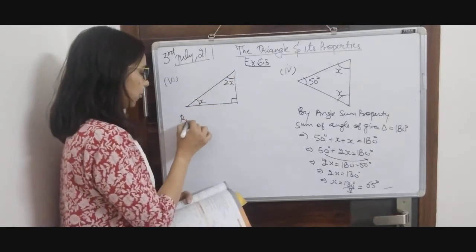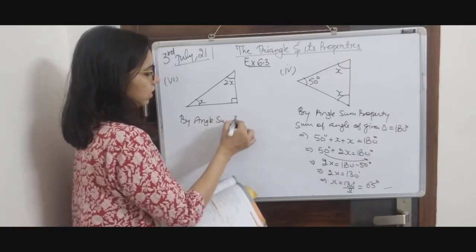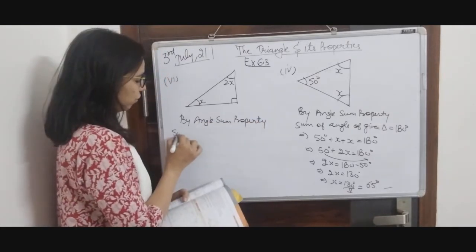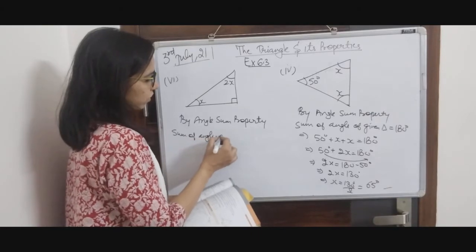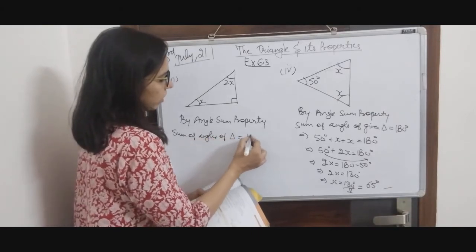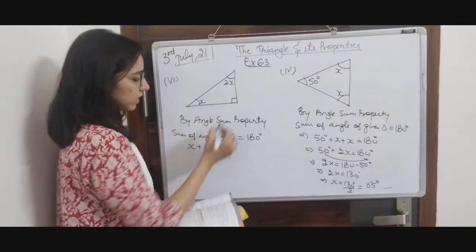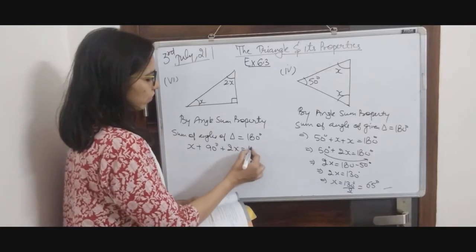So by angle sum property, again we will write the same thing. Sum of angles of a triangle should be 180 degree. So angles are x plus this is right angle. So 90 degree plus 2x should be 180.